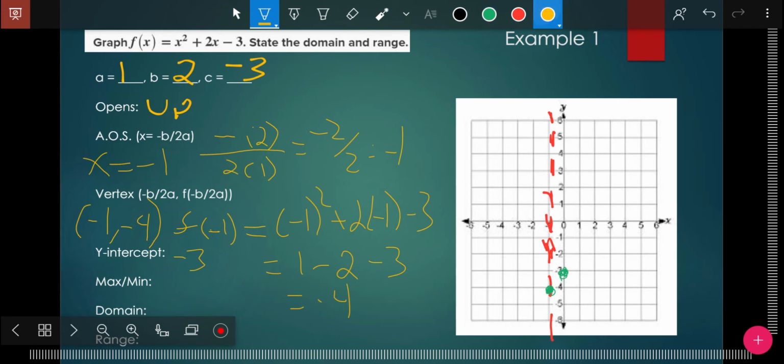And I have to realize that that is just 1 away from the axis of symmetry line. It's 1 to the right of that axis of symmetry where the y-intercept is. 1 to the right, so I go 1 to the left. And I put a point right there.